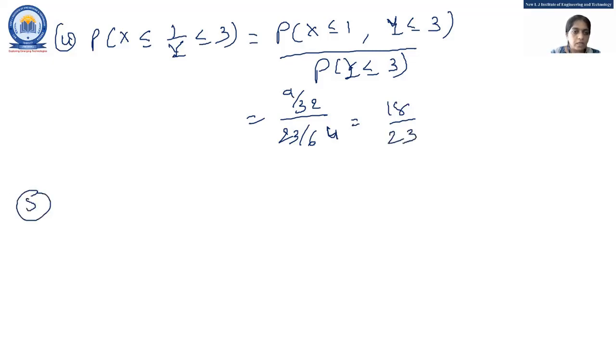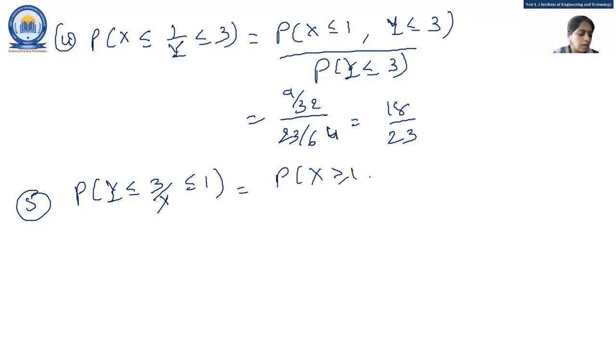The fifth condition is, students, probability of capital Y less than or equal to 3 given x less than or equal to 1. It means probability of x less than or equal to 1 and y less than or equal to 3, whole divided by probability of x less than or equal to 1.